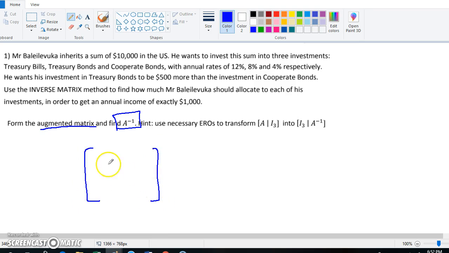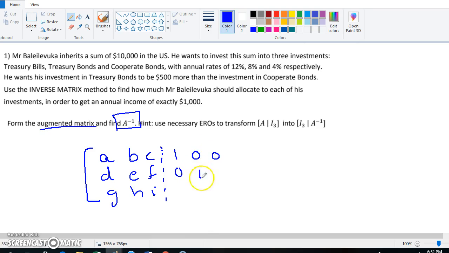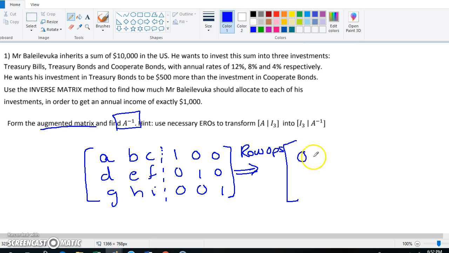So you have to start with some matrix that you're going to get your coefficients after you write your equations, with your identity matrix, then do your row operations, and turn this into the identity matrix on the left, and some new matrix on the right.